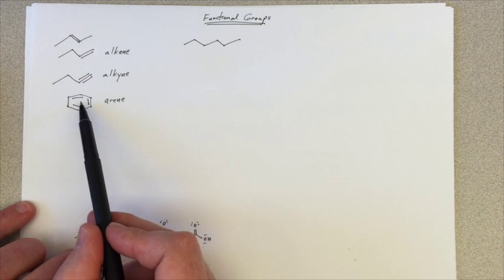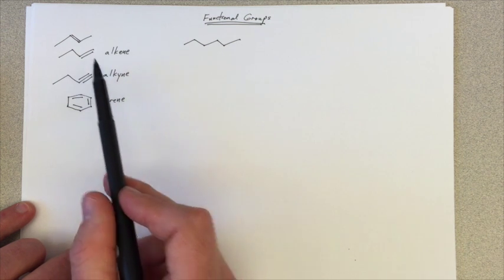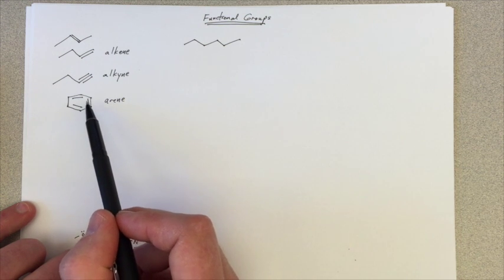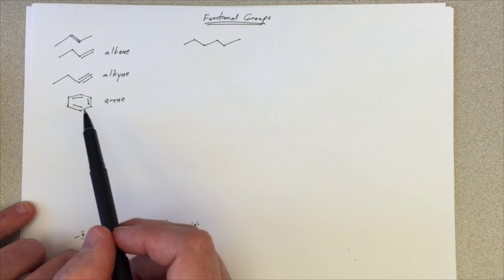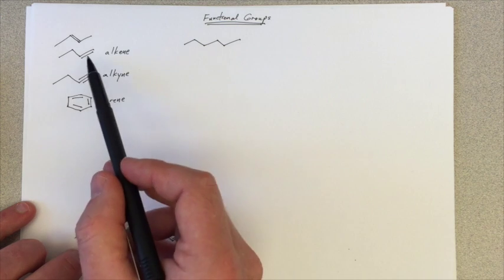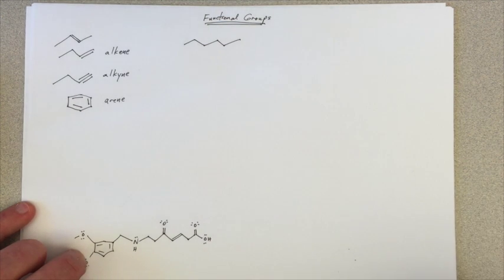Now this looks like it's just a bunch of alkenes together, a bunch of carbon-carbon double bonds, but we label this as a special functional group because, as we'll see later in this semester, the arrangement of these carbon-carbon double bonds in this molecule give it a different function than just a normal alkene, so it deserves its own name.